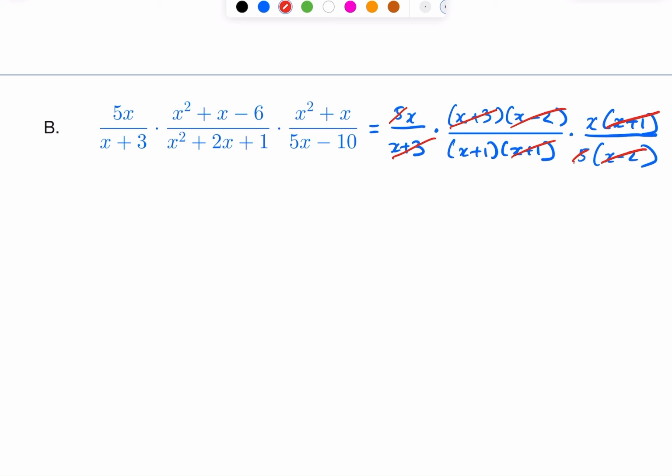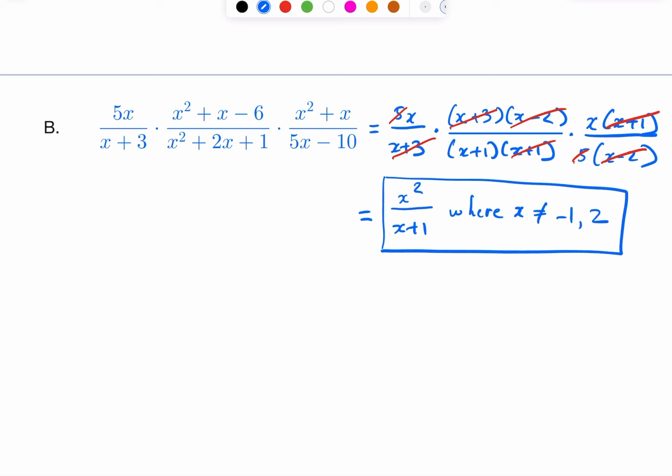So rather than multiply all of this out first, we simplify, and we see that it makes this simplification a lot easier. So this comes out to x squared over x plus 1, where x does not equal -1 or 2. All right, and that is our answer.